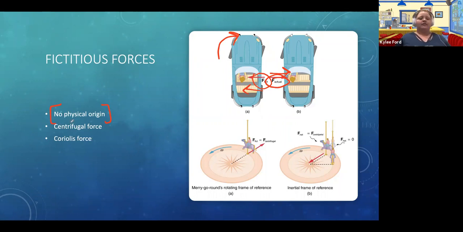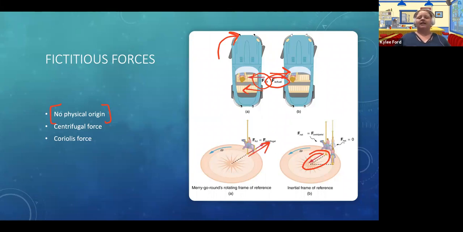There's also the centrifugal force, which I have here. Again, it's very similar. You're going in a circle, so it's like a centripetal force. There should be a centripetal force involved here, and that's the one going in towards the center. But when we're going around in, say, this merry-go-round, we feel like we're being pushed out this way.